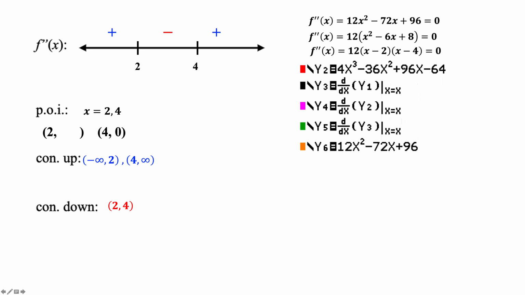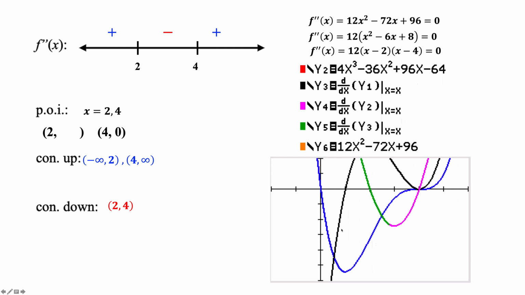That's the one we typed in that we found. That's the first derivative here, y2. That would now make the second derivative. Or y5, you could take the second derivative of the calculator's first derivative graph. That too will work. And y6 down here, I just typed in when we found it. Okay? So 3 different colors will represent the same graph.